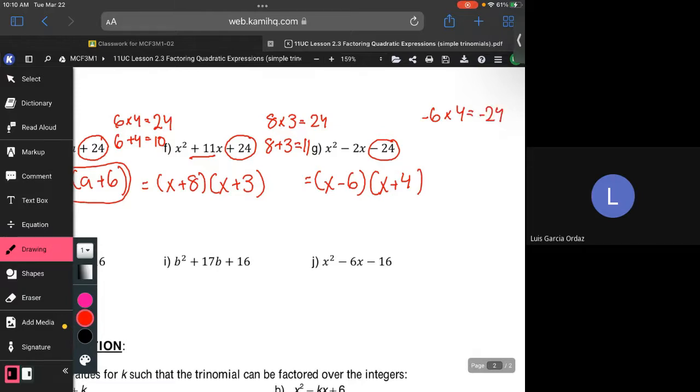Perfect, which is what we want because it's our last number, negative 24. Now I need to take those same two numbers, add them together, and they have to give me negative 2. So negative 6 plus 4, what does that give me? Negative 2. So negative 6 and positive 4 work. When I factor it, I can write my factors as x minus 6 times x plus 4.